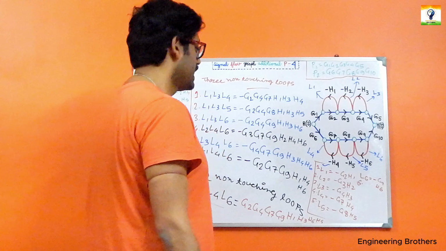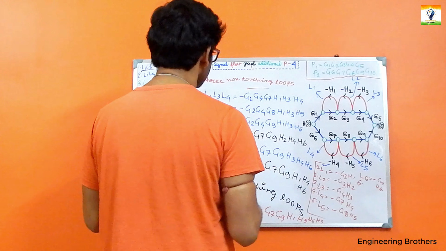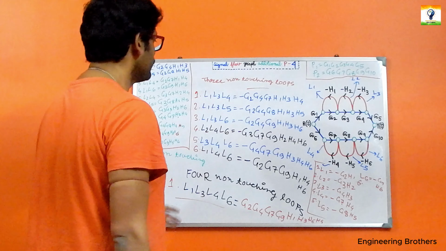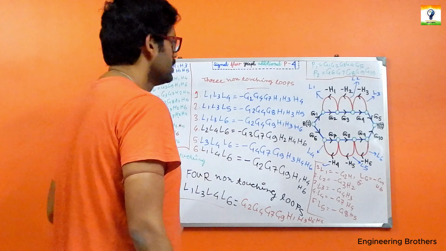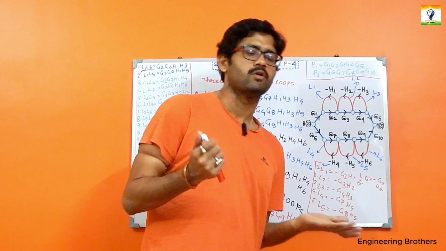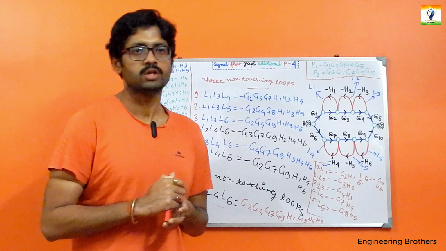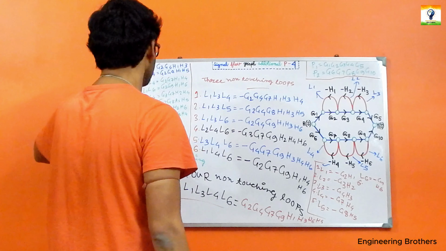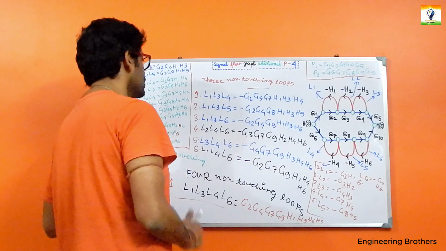In our next stage we find our two non-touching loops, and if you follow our previous part of the solution, the concept is clear that we have 11 two non-touching loops.